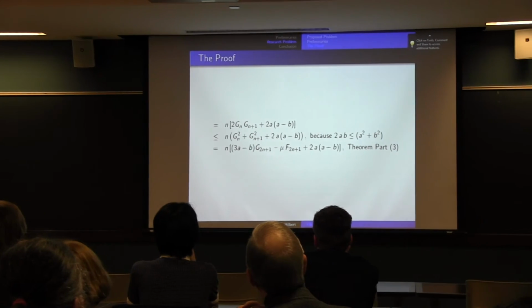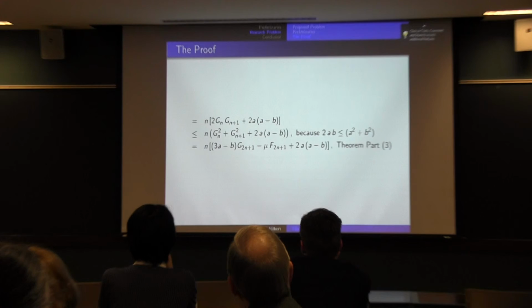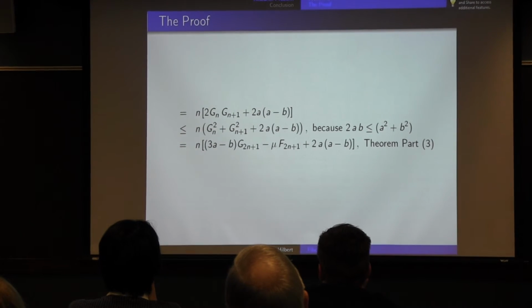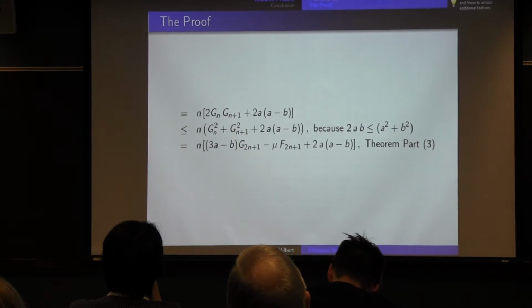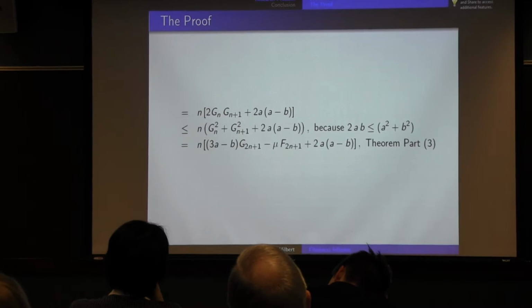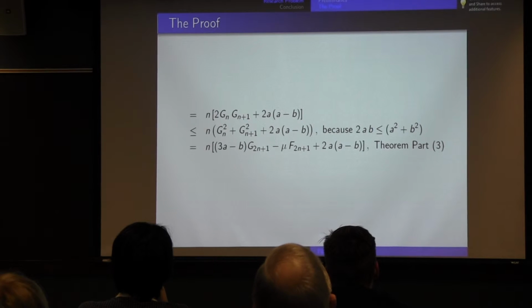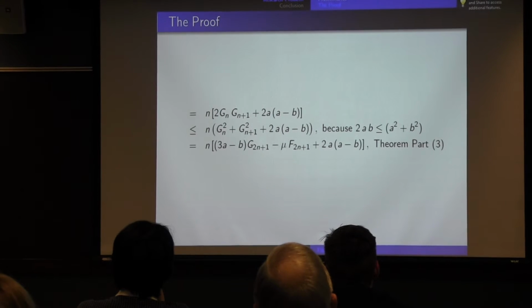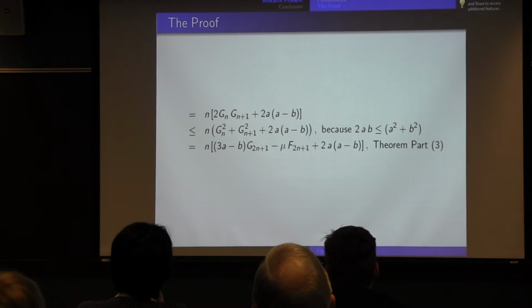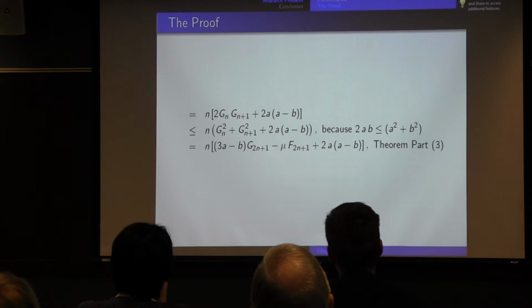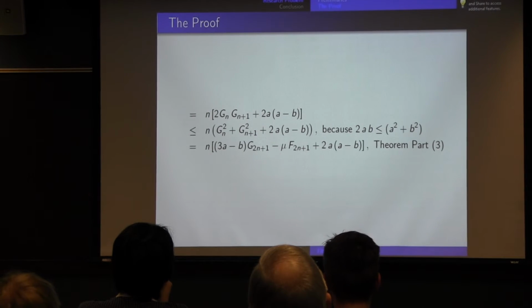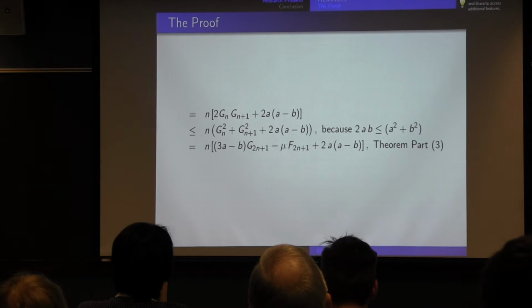So we can say that is less than or equal to n times the quantity g sub n squared plus g sub n plus 1 squared plus 2a times the quantity a minus b, and that's because 2a is always less than or equal to a squared plus b squared. Then if we use theorem part 3, we can substitute the g sub n squared plus g sub n plus 1 squared as 3a minus b times g sub 2n plus 1 minus mu times f of 2n plus 1, and then the rest of it.